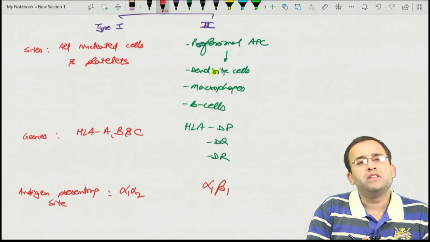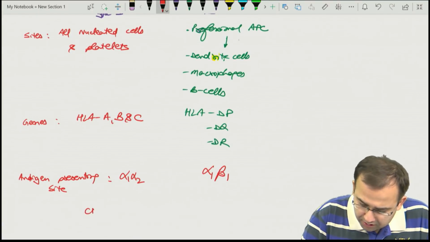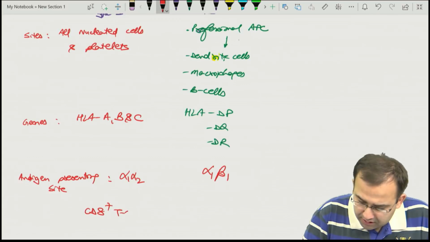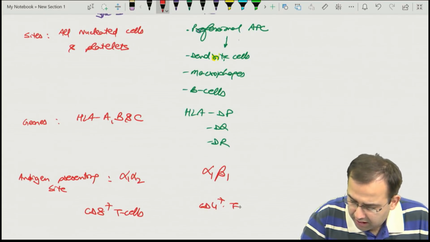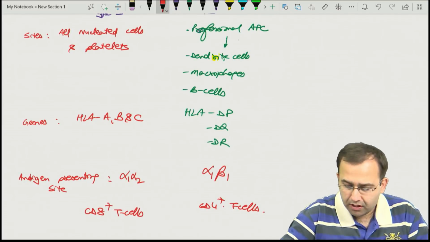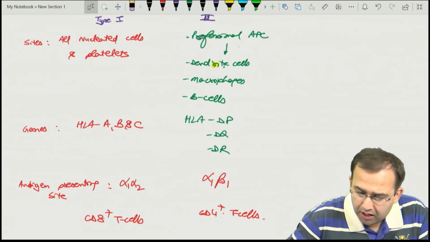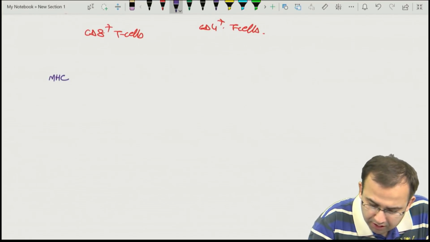You very well know which T cells are MHC type 1 restricted. They are the CD8 positive T cells, versus CD4 positive T cells, which are MHC2 restricted. Next point, MHC type 3.